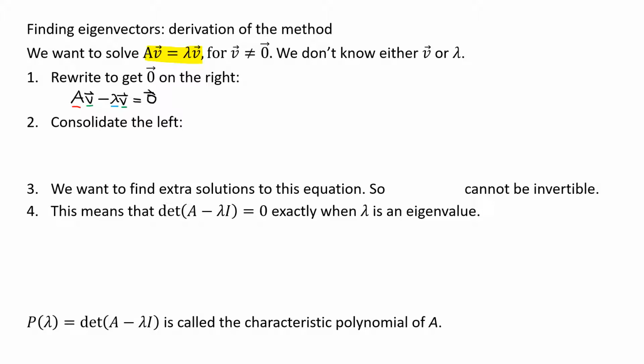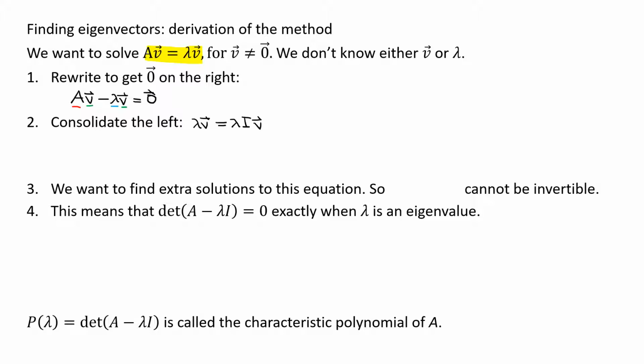So what we're going to do, which is going to feel slightly odd, is rewrite this scalar times v so that it has a similar form as a matrix times v. So we're going to rewrite lambda v in the completely identical way, lambda times the identity times v.